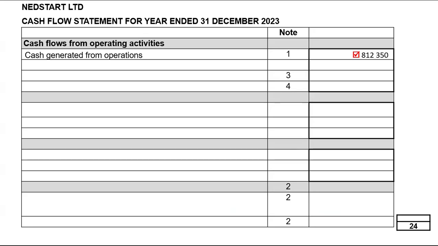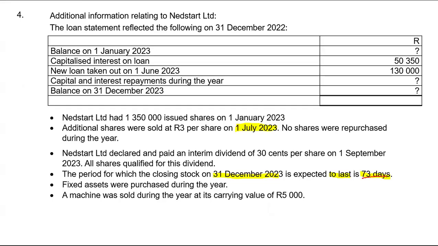All right. When it comes to interest paid, we were given interest paid, which was 50,000 something. Let me just quickly look for it. It was 50,350. Yes, 50,350. There it is over there. So my interest paid will just be that. Here it was quite simple because interest was not capitalized.